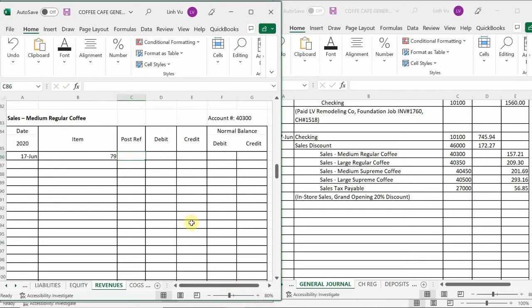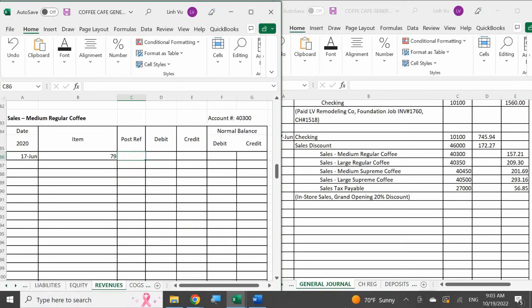Okay. The post reference would be the journal that you have this transaction on. I mean, 6. And you're going to credit for 157.21.